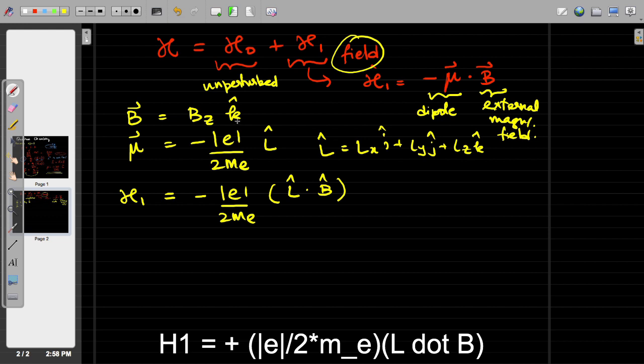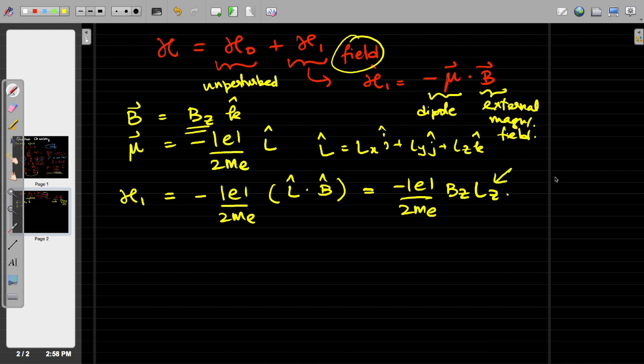Since only the z component exists for the B cap vector, this gets reduced to mod e by 2me Bz Lz. Bz is the magnitude of the external field that is being applied, and Lz is an operator which we know as minus i h cross dou by dou phi.